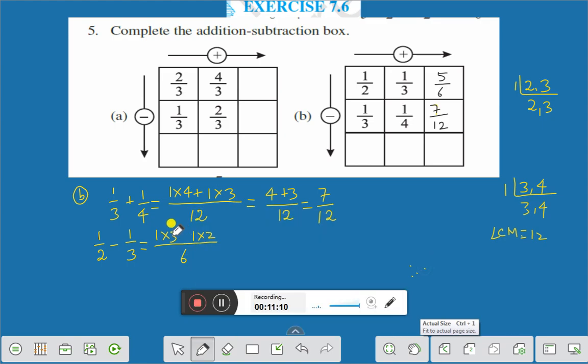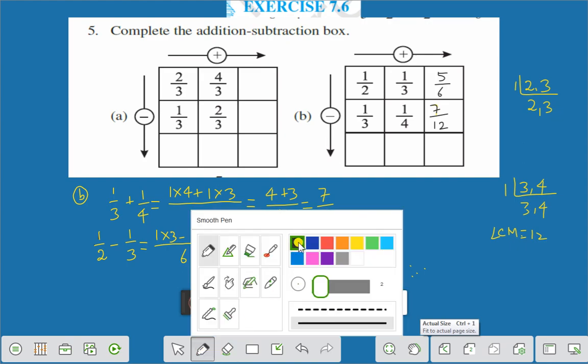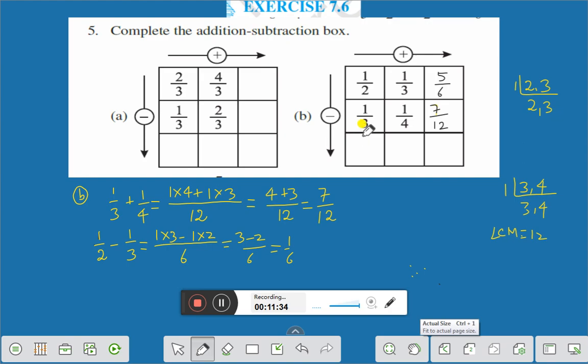This one is 1 by 3 minus 1 by 2. That is 3 minus 2 by 6. 3 minus 2 means 1, that is 1 by 6. The value is 1 by 6. Therefore, here if we subtract, we are getting 1 by 6. Let us write it here as 1 by 6.